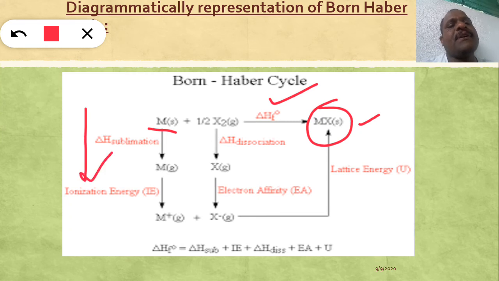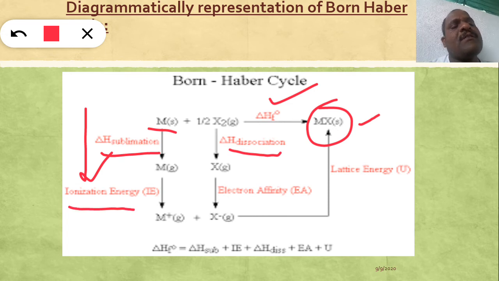First, the solid metal atom is converted into a gaseous metal atom, which is called sublimation. Then the gaseous halogen molecule is converted into a gaseous halogen atom by dissociation. Then metal in gaseous form is converted into metal ion in gaseous form by ionization energy.